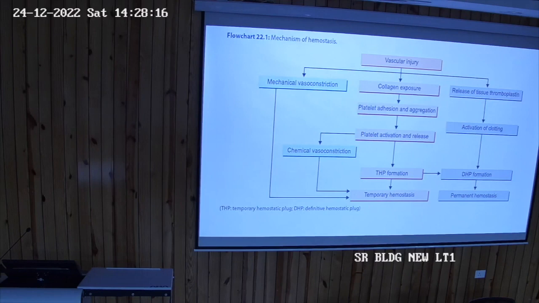One of them is the release of endothelin. One of them is the neuronal reflexes, nerve reflexes. How are these nerve reflexes coming into the scene? With the help of nociceptor receptors, which are present in the muscular layer. And how are they getting stimulated? They are getting stimulated by the chemicals which get released at the site of inflammation, like serotonin, bradykinin, and leukotrienes.